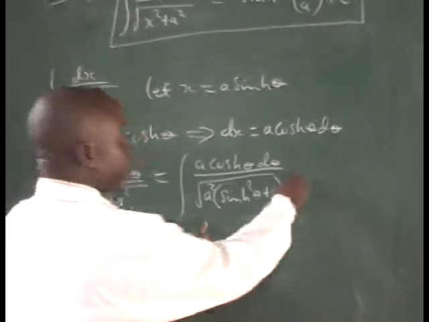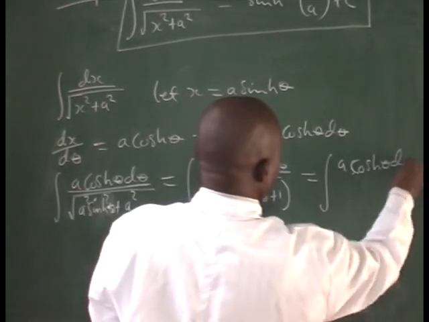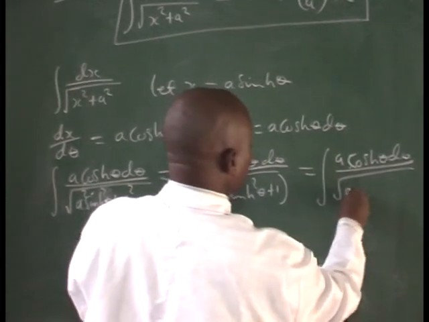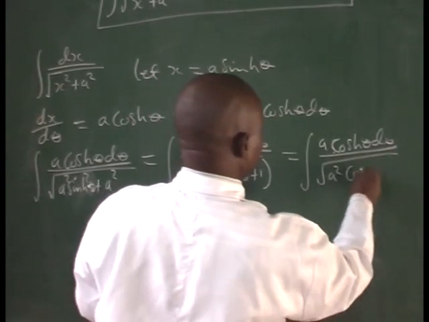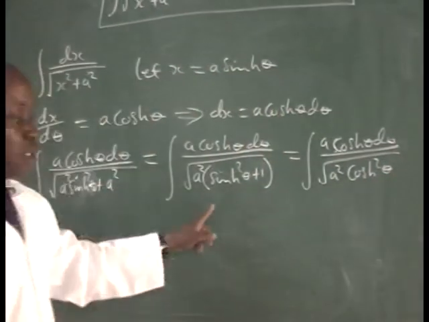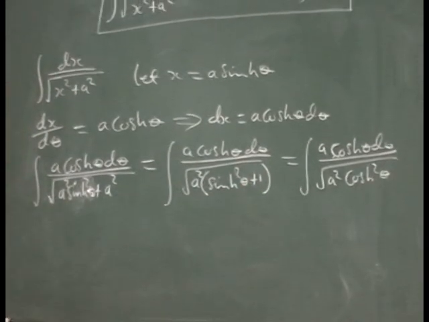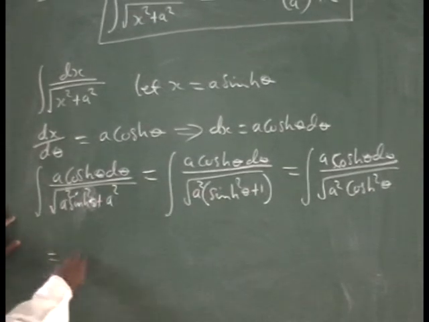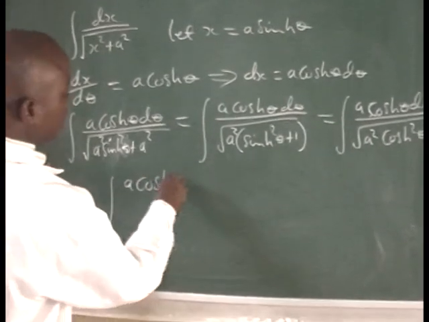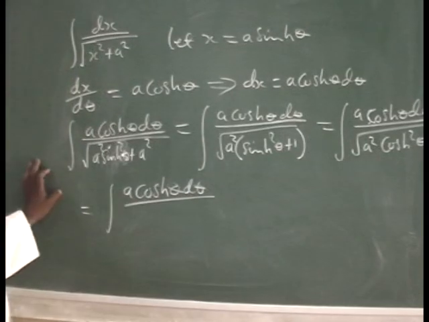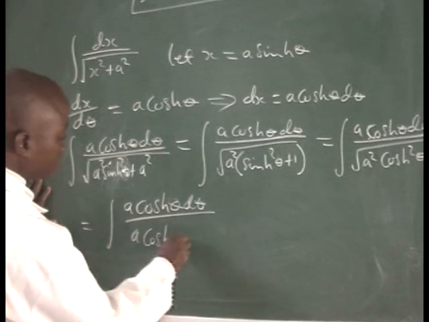Of course, this will give us the integral of a cos theta d theta all over the square root of a squared, then this place will give us cos squared theta, because sine squared theta plus 1 is cos squared theta.